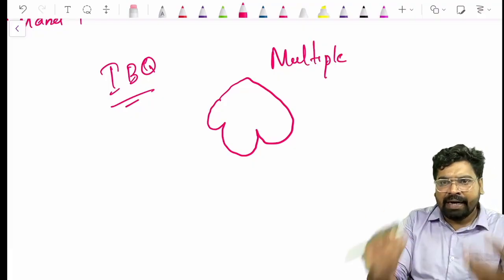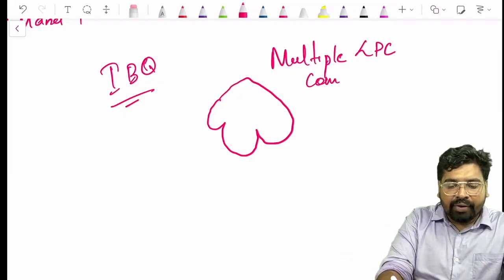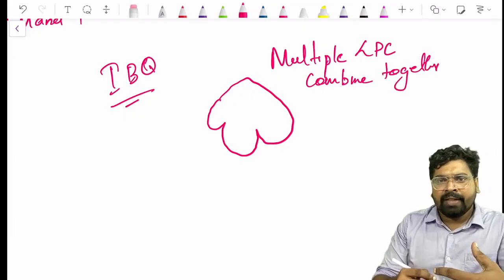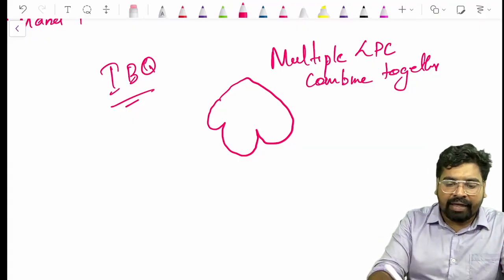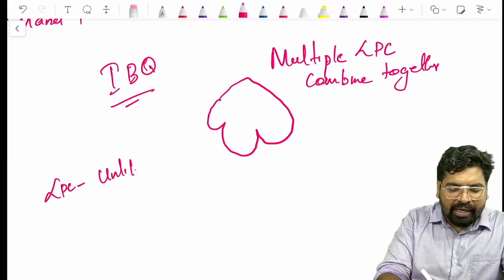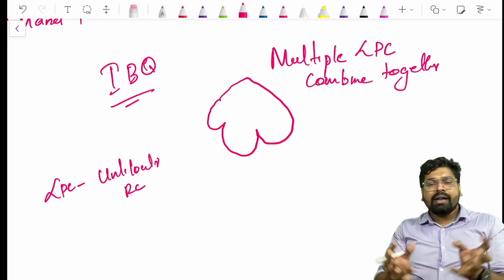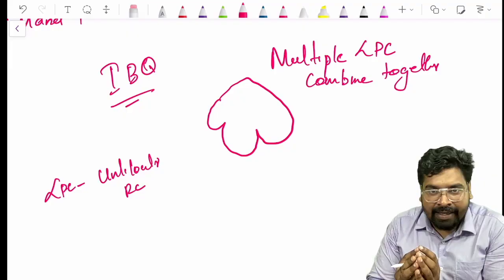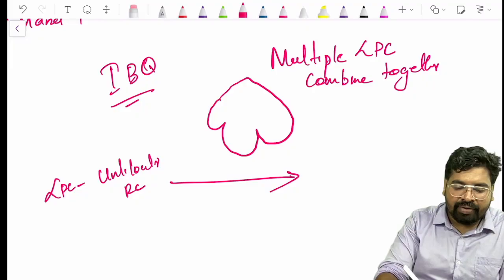When multiple lateral periodontal cysts combine together, the unilocularity is converted to multilocularity. So lateral periodontal cyst was a unilocular radiolucency. But when multiple lateral periodontal cysts combine together, they form a multilocular lesion.